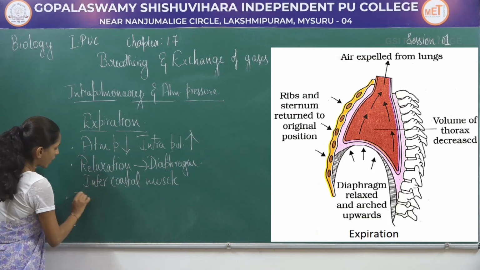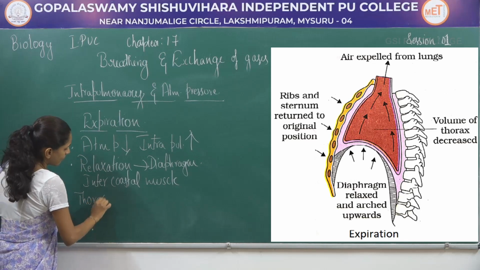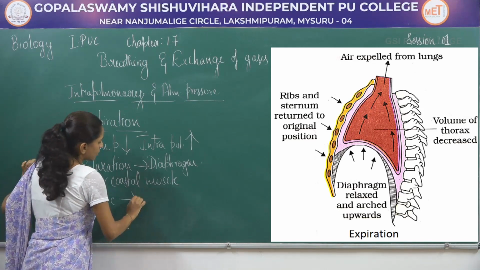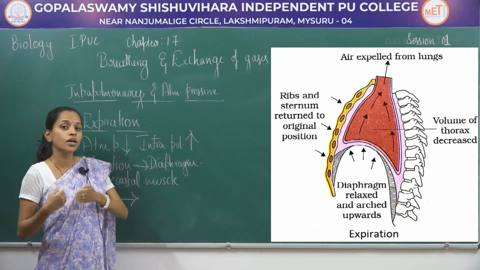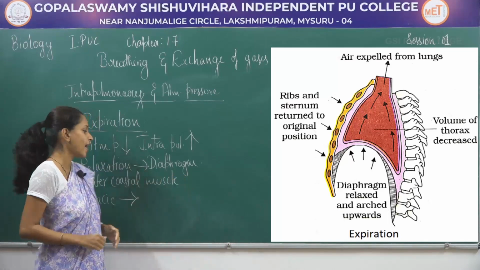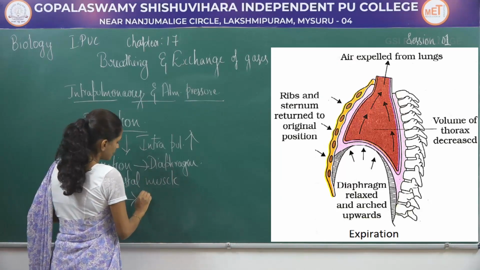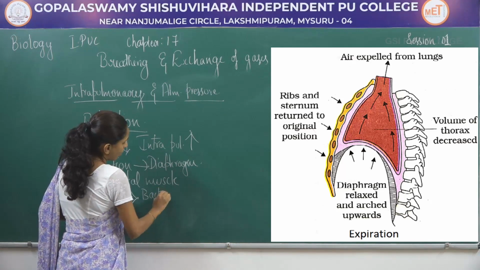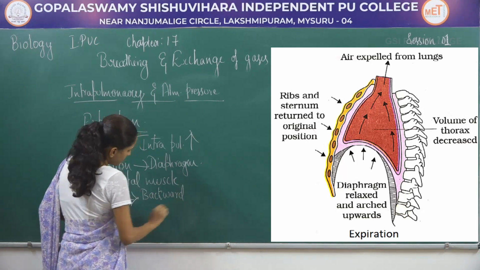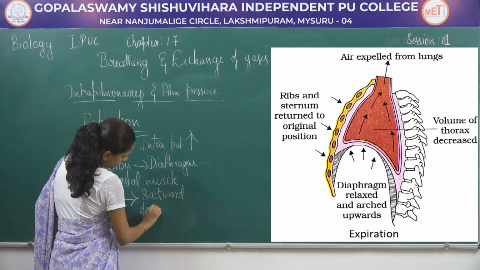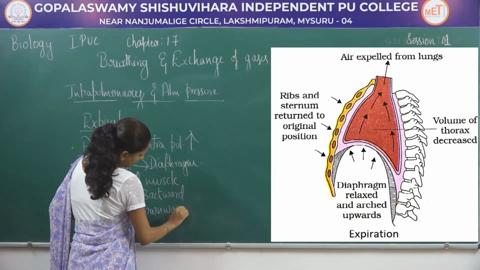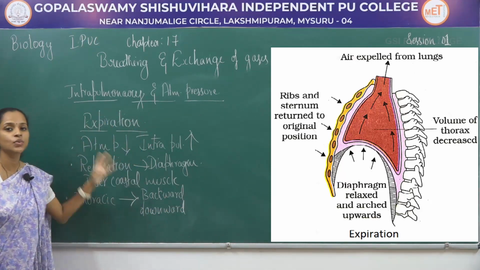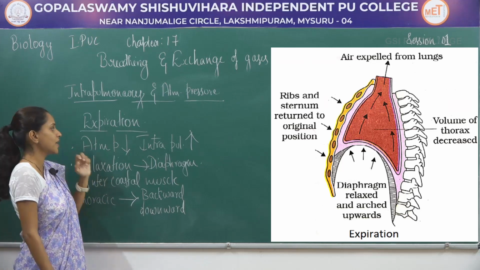What happens to the thoracic cavity? The thoracic cavity, which had moved forward and upward, will now move backward and downward. These are the changes which take place during expiration.